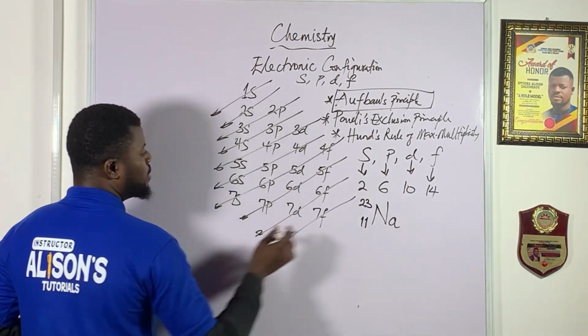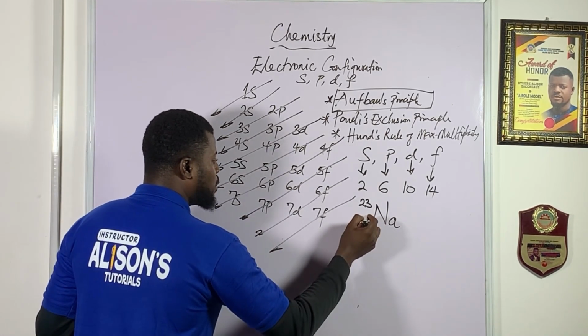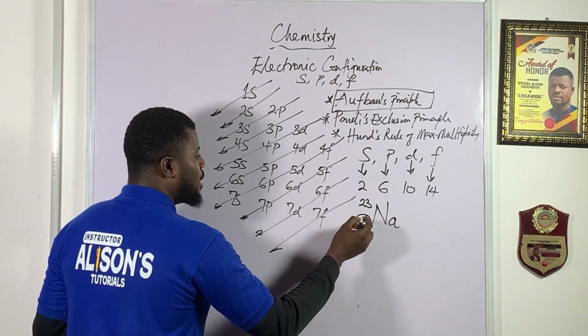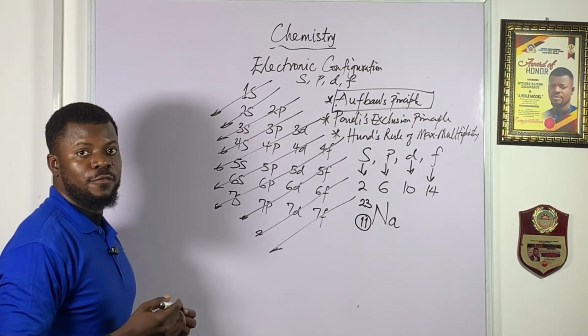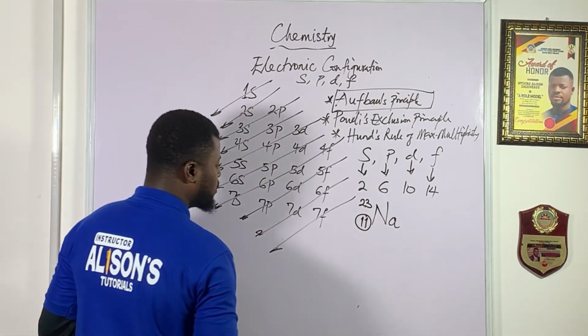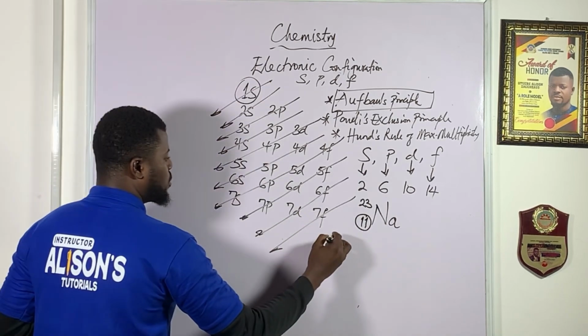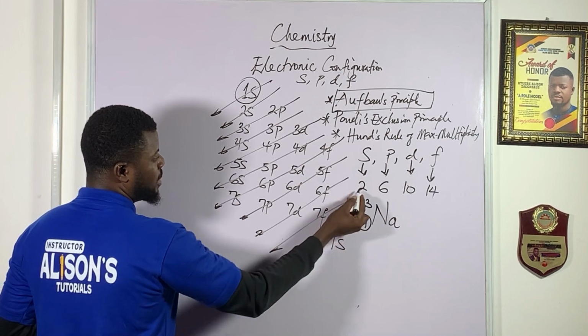You can go below each of these numbers, but don't exceed them. Okay, let's build the electronic configuration for sodium. We're going to be using the atomic number, which is the same thing as the proton number because it's neutral, and also the same thing as the electron number, which is what we are doing, the electronic configuration of sodium. So let's start. You consider this first, which is 1s. Remember, the maximum the s orbital can take is 2.